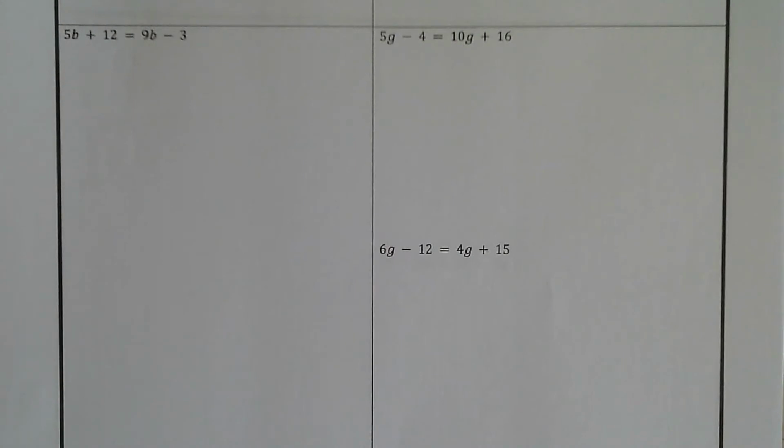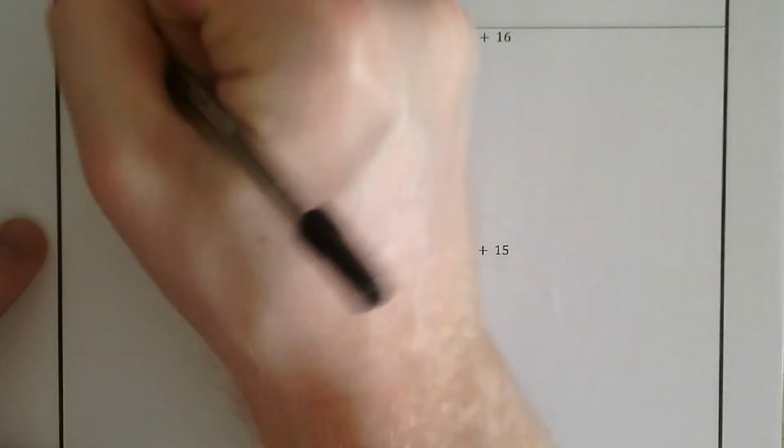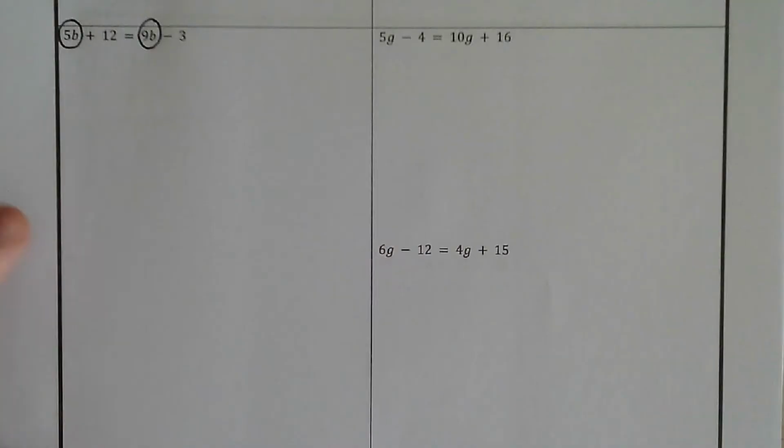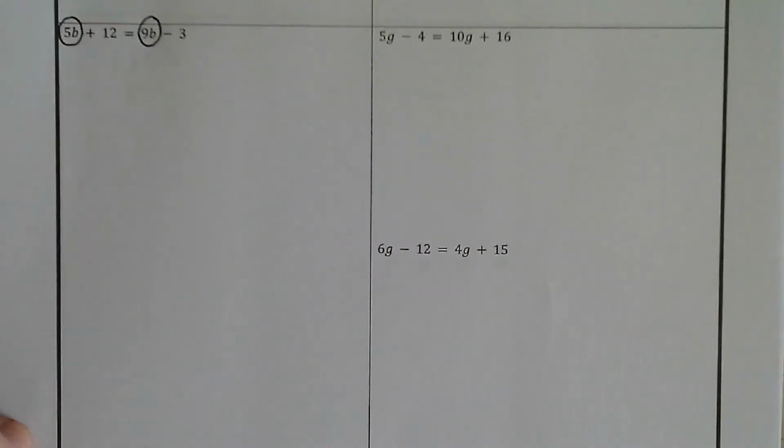For the next example, again we're going to start by circling the terms that contain the variable. That's 5b and 9b. We need to select the smallest of these terms, and that's going to be 5b.